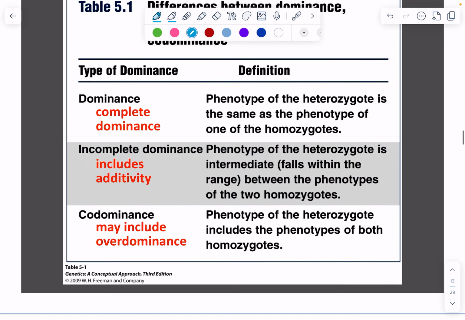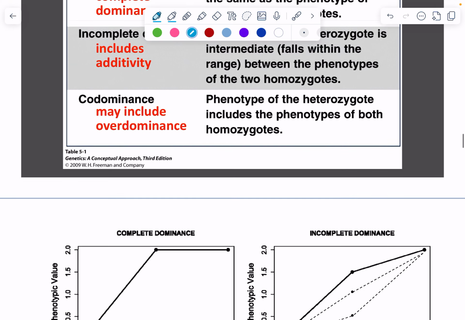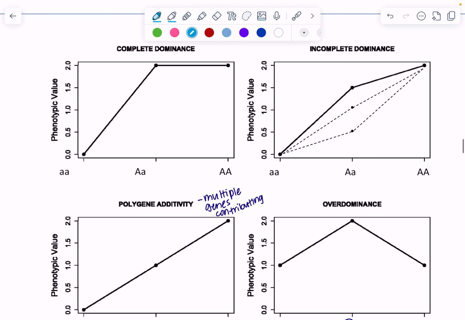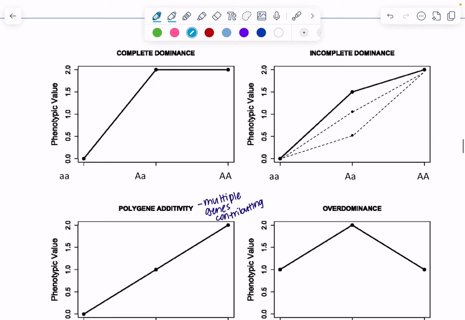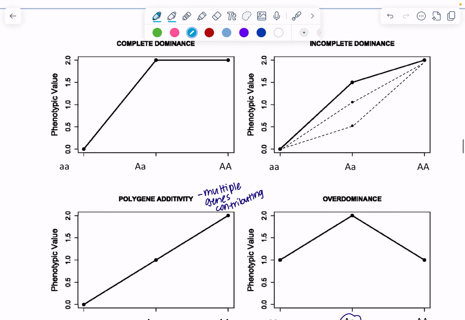And so here is the difference between dominance, incomplete dominance, and codominance. Maybe read over that. I'm not going to go over that. I think that's pretty self-explanatory. But here you can see these charts where you have complete dominance. If you get to this halfway point where it's heterozygote, it's phenotypically dominant.